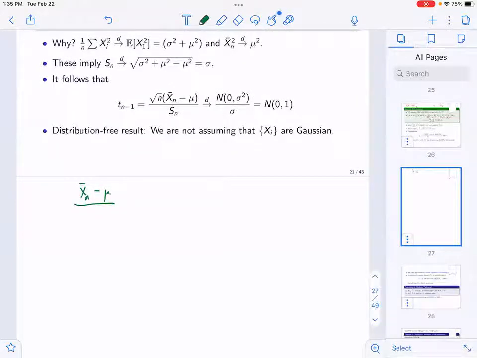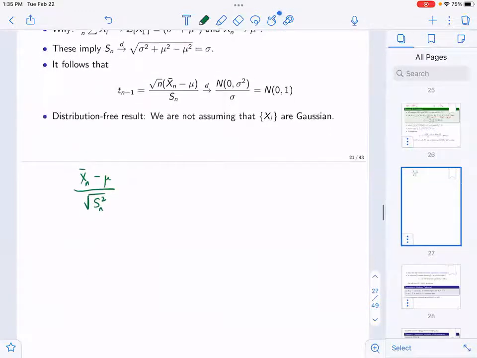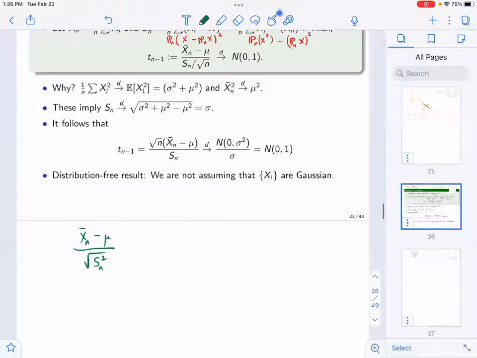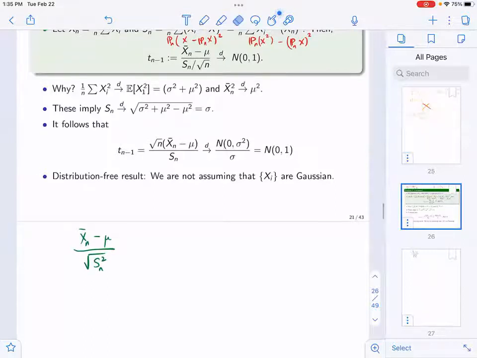Xn minus mu divided by the square root of Sn squared over n.